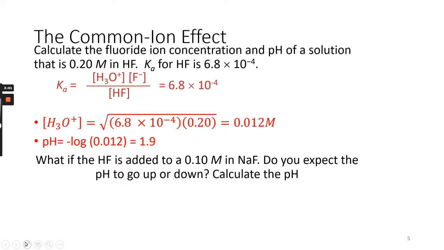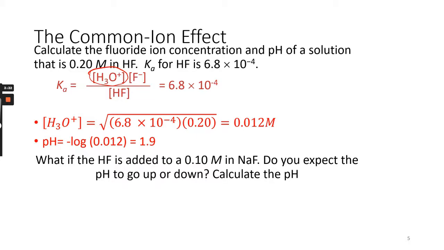So let's do an example here. So we have the common ion effect. Let's calculate the fluoride ion concentration and the pH of a solution that is 0.2 molar HF. And the Ka value for this is 6.8 times 10 to the minus 4. So here is our Ka equilibrium relationship. And we want to calculate the pH, so we need to find hydronium, right? So we're starting with 0.2 molar of HF.